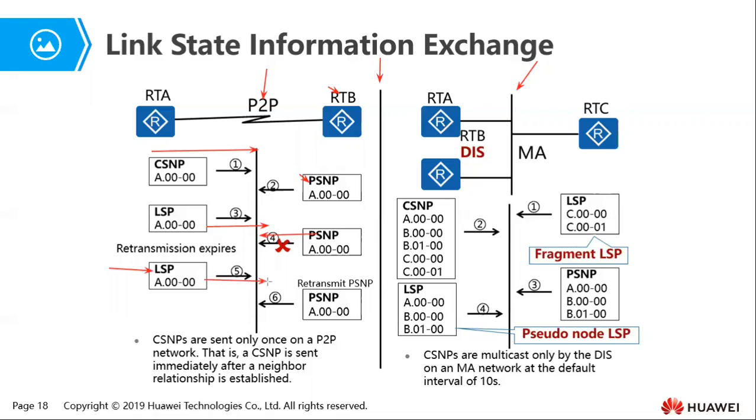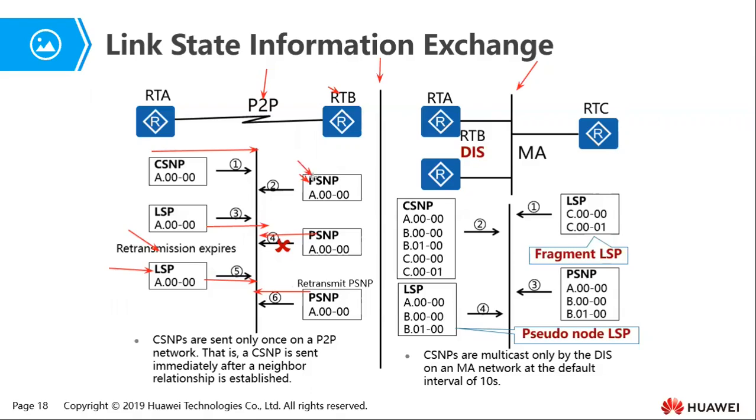So it's going to retransmit it. So we have a predefined time that it will wait. It's called the retransmission time. So if it expires, you send the same details again. After that, if RTB receives it, it's going to send an acknowledgement. So PSNP here is simply an acknowledgement.